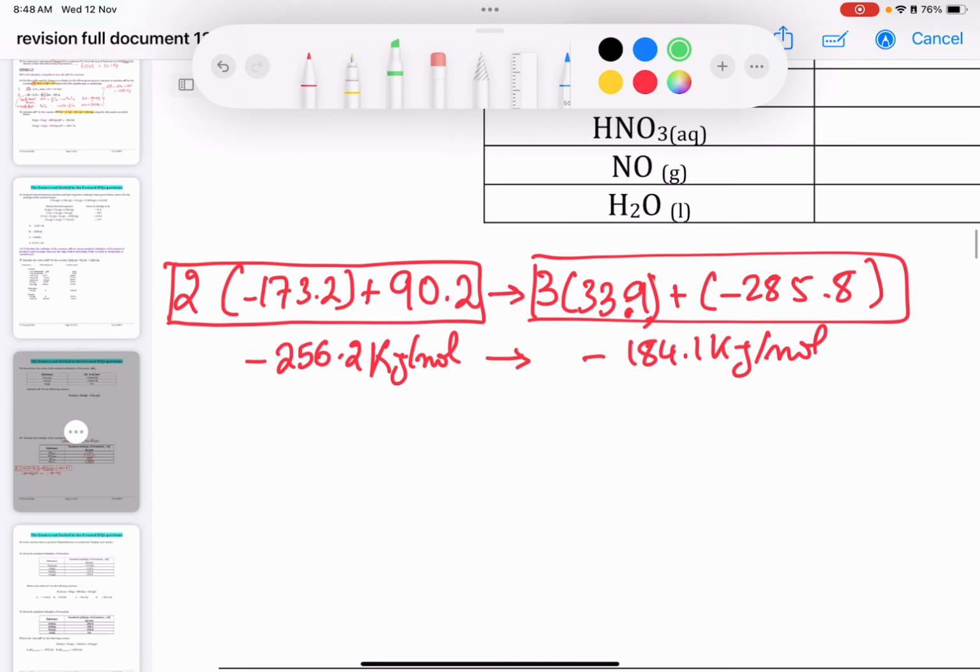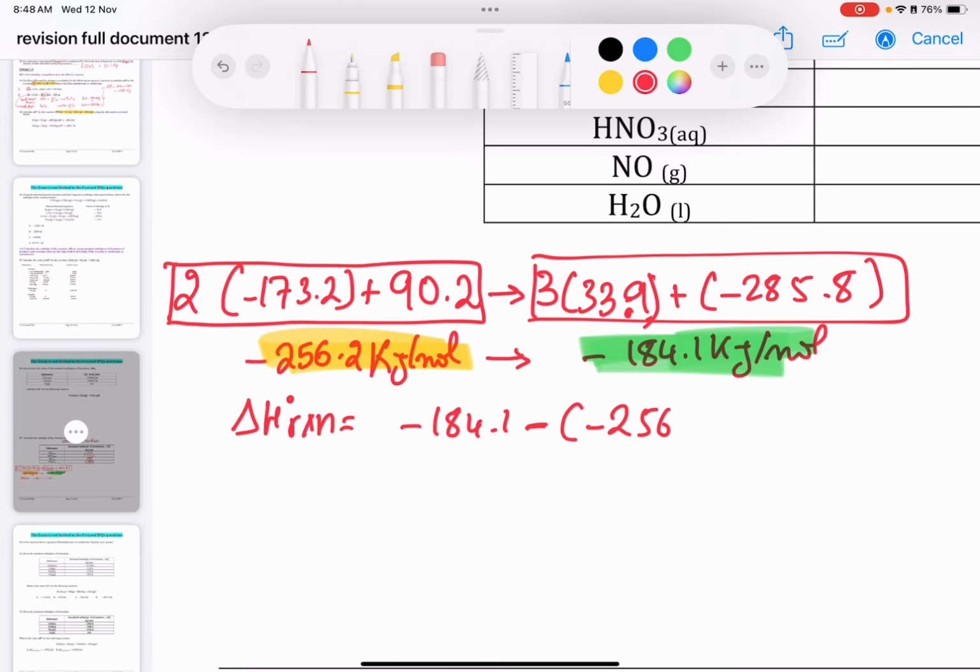Now, in order to find the delta H of the reaction, we do final minus initial. So that is delta H of the reaction, final minus initial. And the final answer is 72.1 kilojoule.